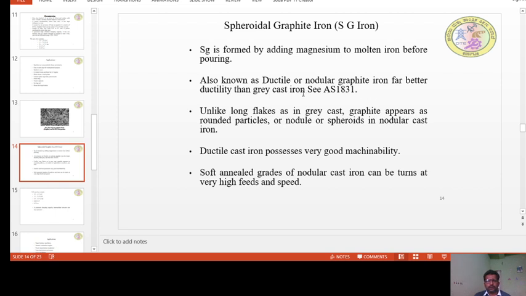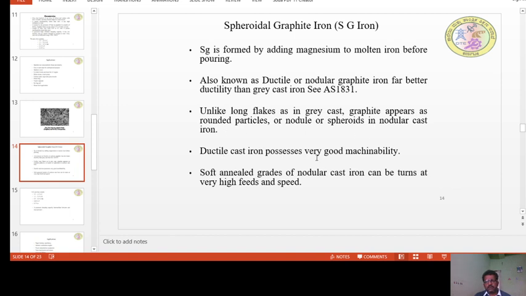So this is the code of the handbook. Unlike long flakes as in gray cast iron, graphite appears as rounded particles or nodules, spheroids in nodular cast iron.